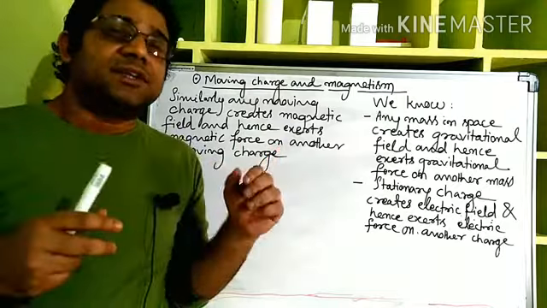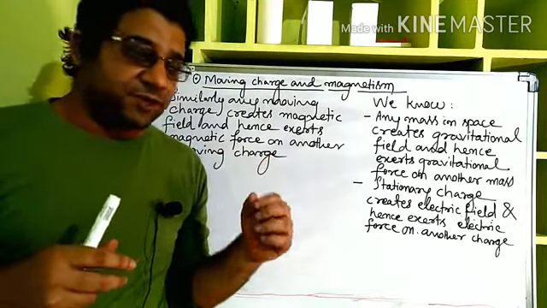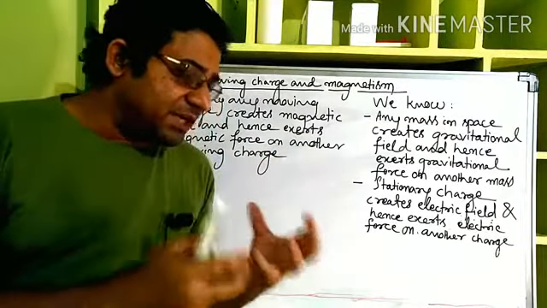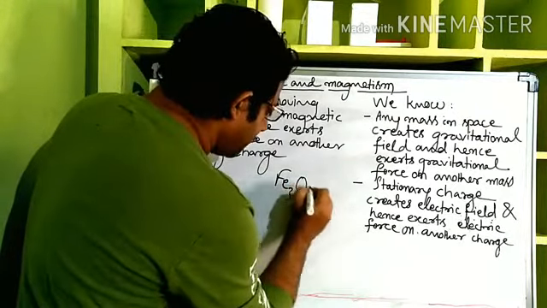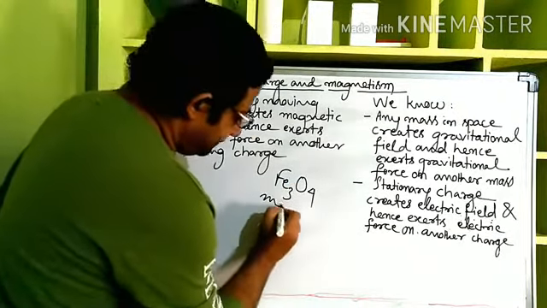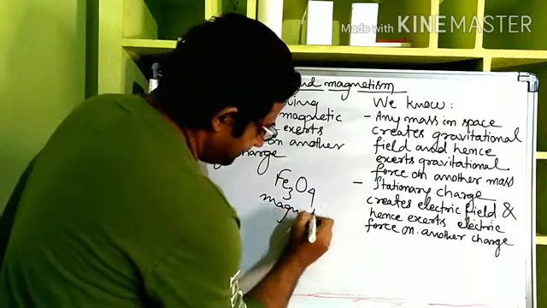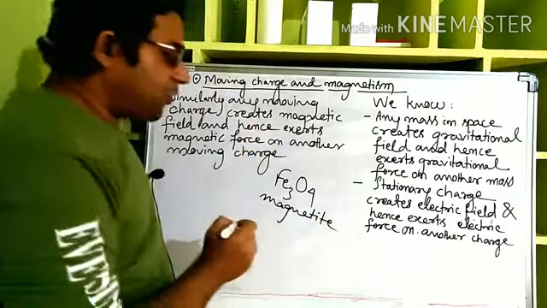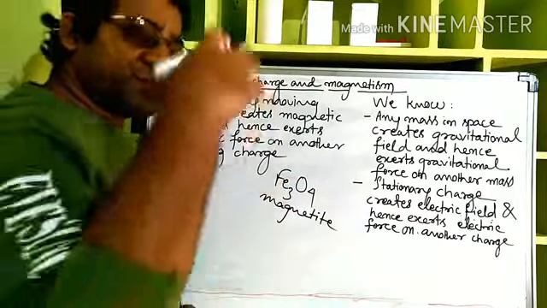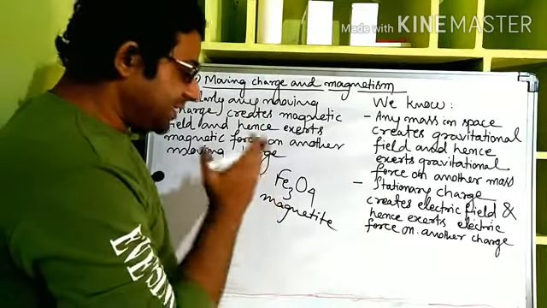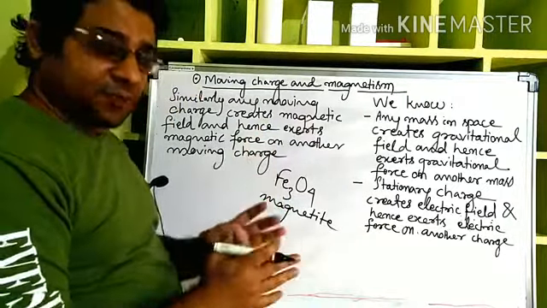From ancient times the lodestone was already discovered, from the earth's crust, a material, Fe3O4, magnetite. It was discovered in those ancient days that it shows two characteristic properties.